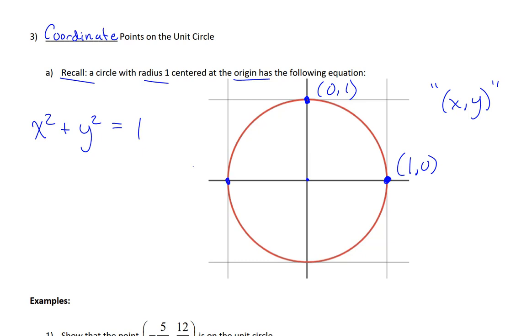On the left side, it would have the point (-1, 0). And then at the bottom, it would have the point (0, -1). And that's just the basics of a circle centered at origin and radius 1. Notice that looks amazingly close to our clock. Okay, so that's kind of where we're going with this.